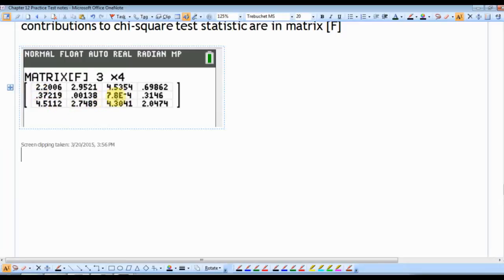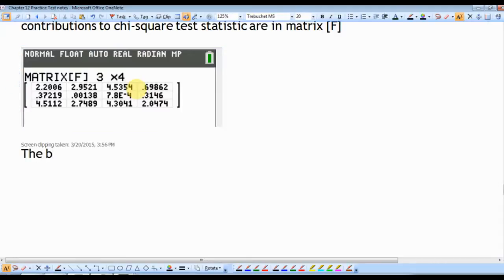This one's tempting right here because you see a 7.8 times, but you see the E negative 4. So that's going to be wrong if you pick this one. Remember, that's 0.0007. So it looks to me like the biggest contribution would be this one right here, 4.54.